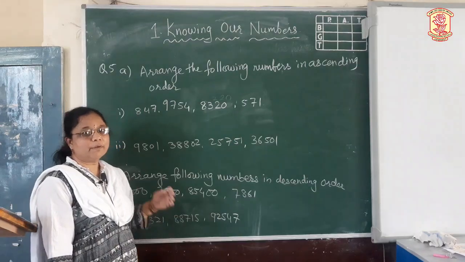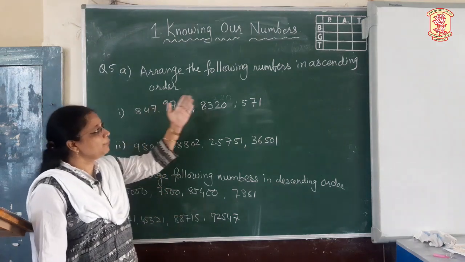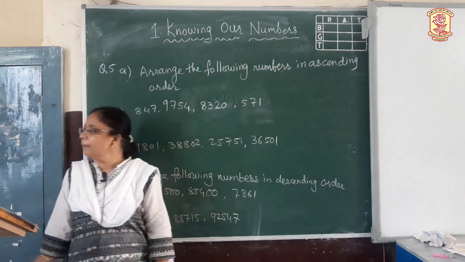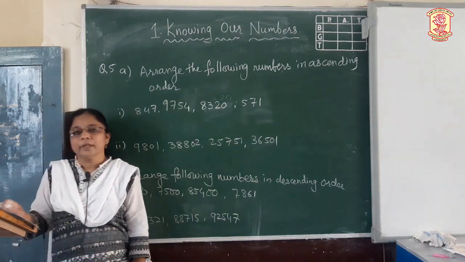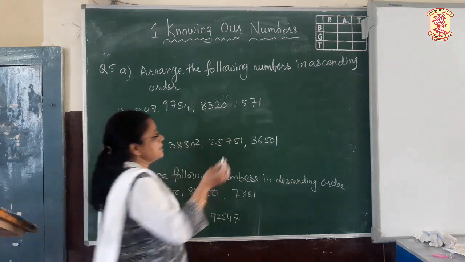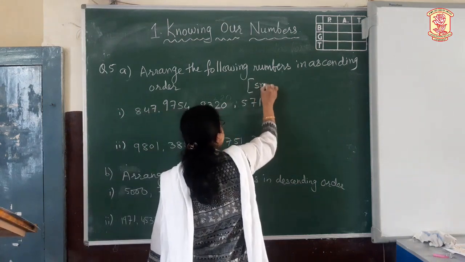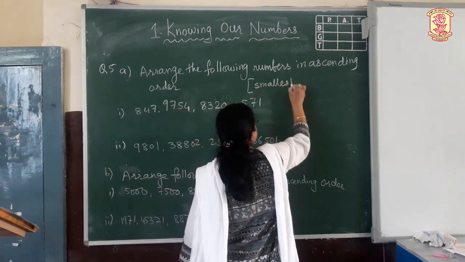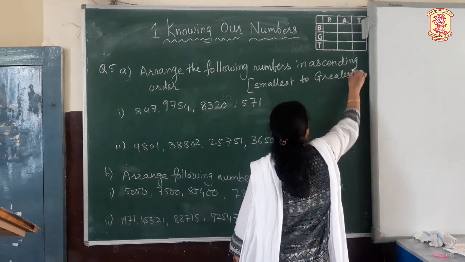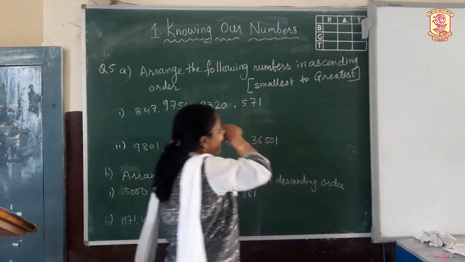Now question number 5a. Arrange the following numbers in ascending order. To arrange the numbers in ascending order, we go from smallest to greatest. From the smallest number to the greatest number, we have to arrange for the ascending order.